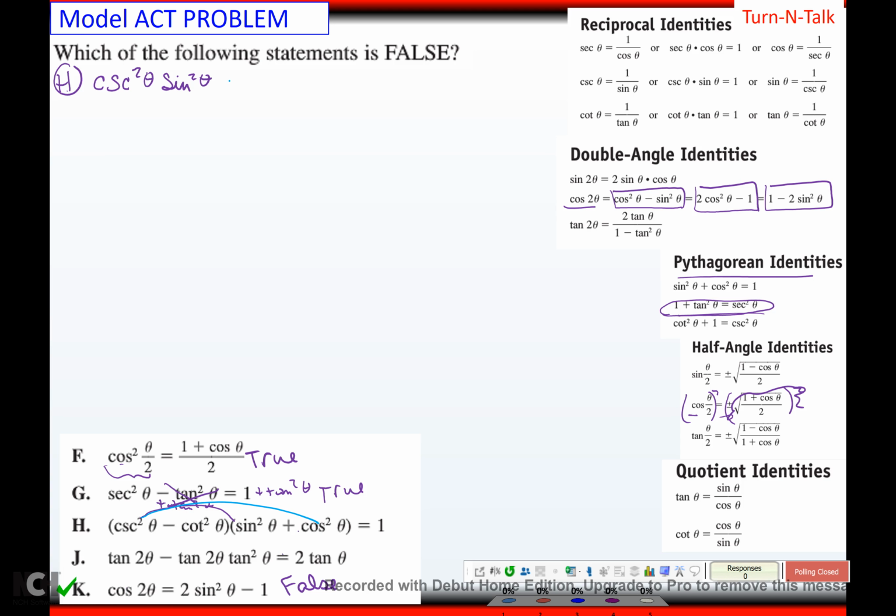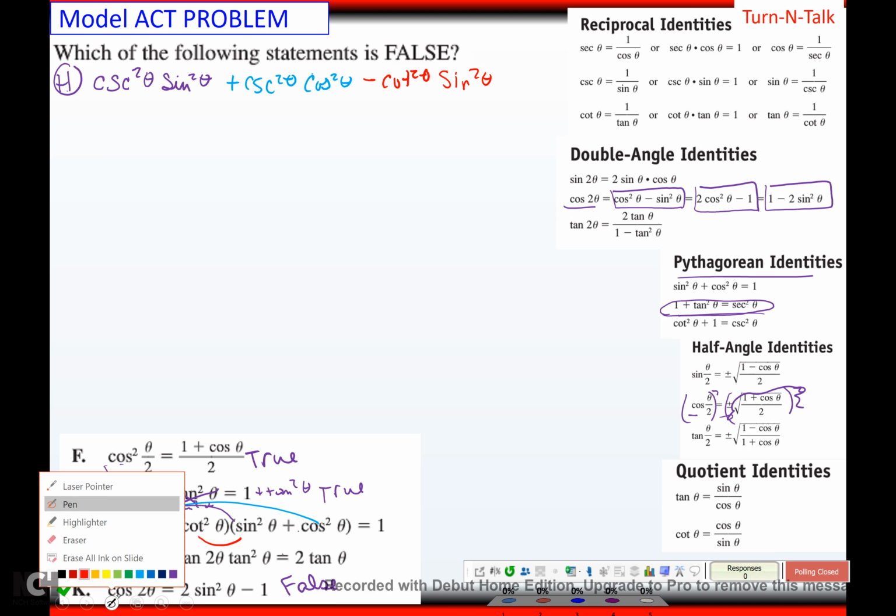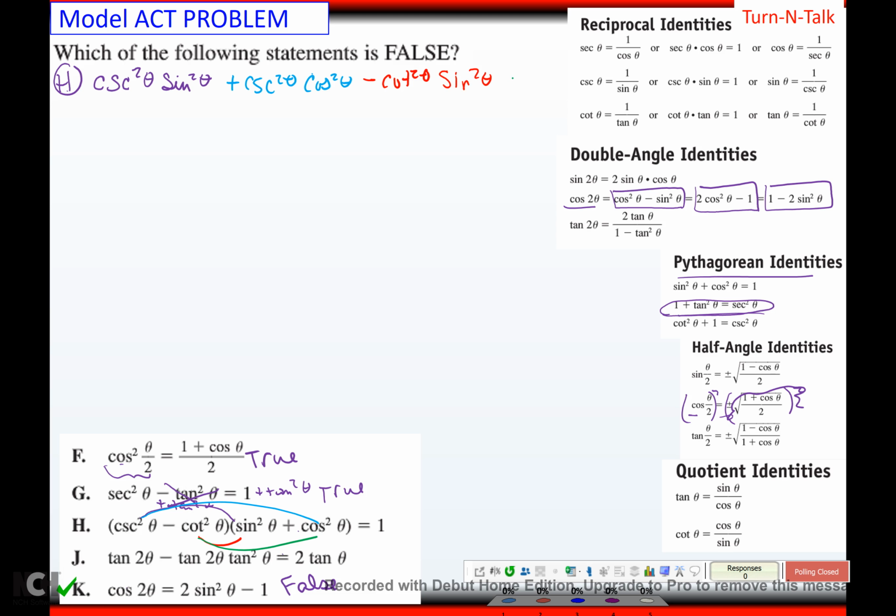The next one would be plus cosecant squared theta times cosine squared theta. My next would be negative cotangent squared theta times sine squared theta. And my last, in green, would be negative cotangent squared theta times cosine squared theta.